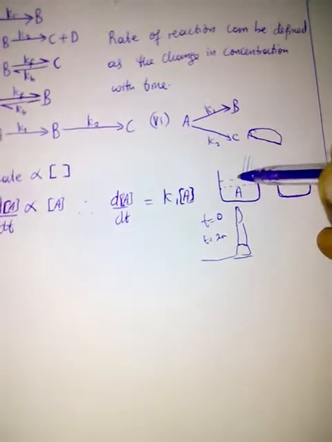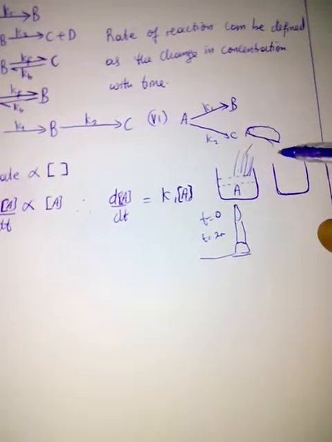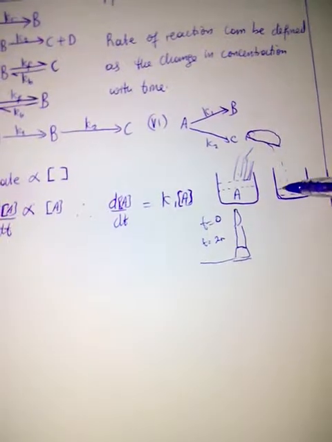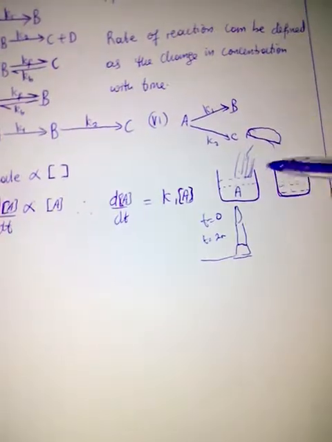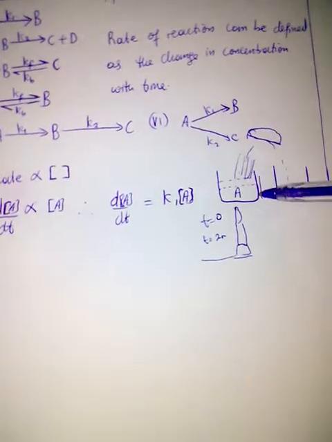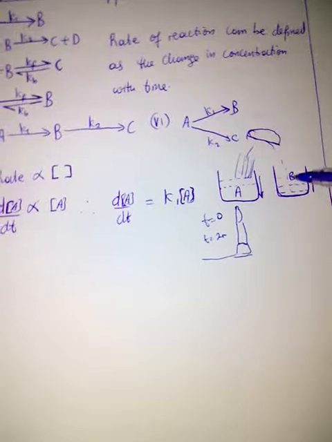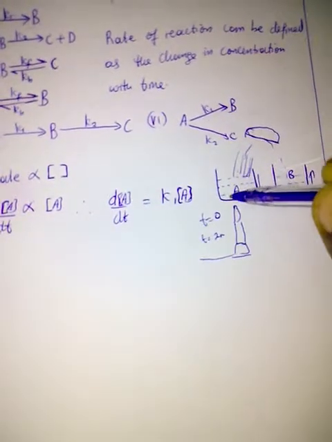As it boils and evaporates, it condenses here to form B. So B will be increasing with time because the level is rising here, meaning A will be decreasing with time, then B increasing with time. Let's say this is our B, increasing until A finishes.